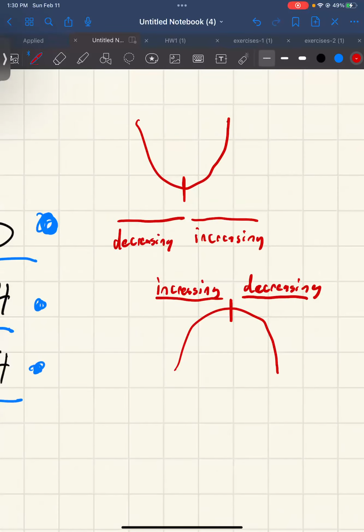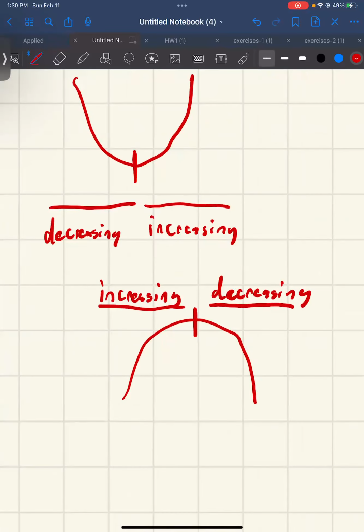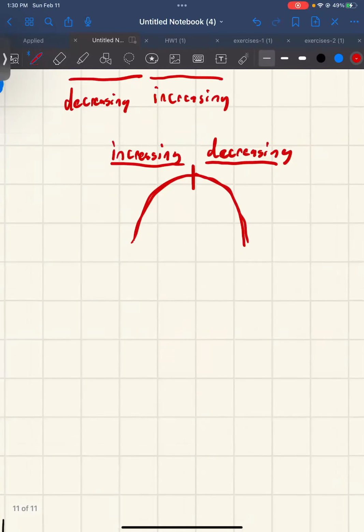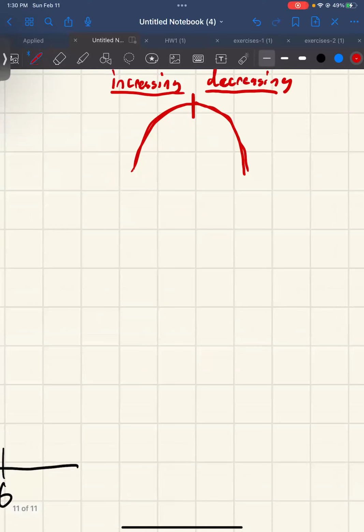So when we look at it like that, we really see that there's four kind of ingredients when we start talking about concavity. We're either decreasing but concave up, increasing and concave up, increasing and concave down, or decreasing and concave down. So it may help to kind of look at this as these four different pieces.